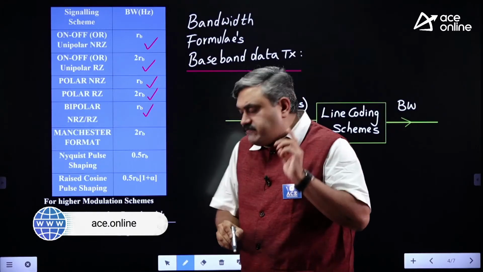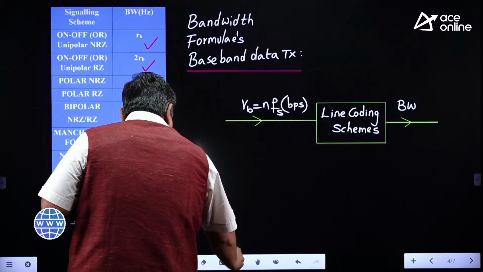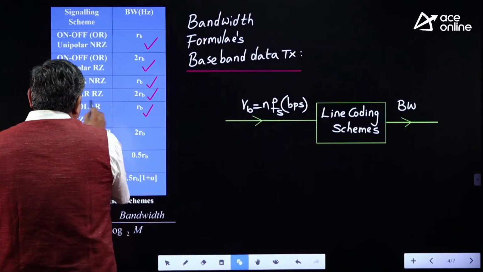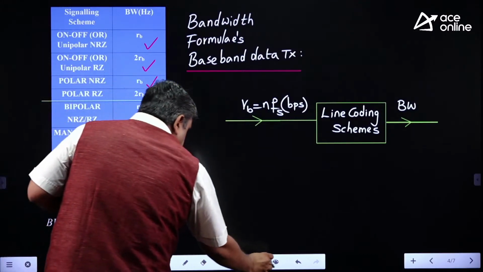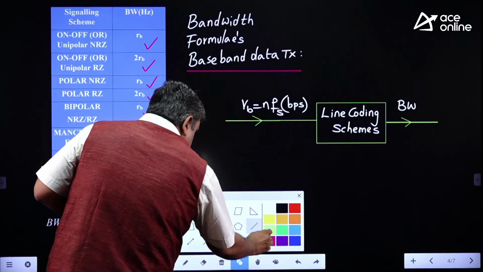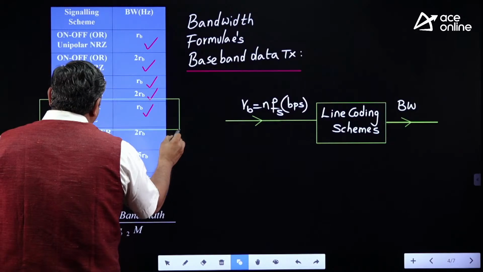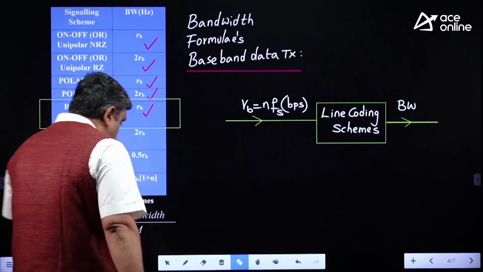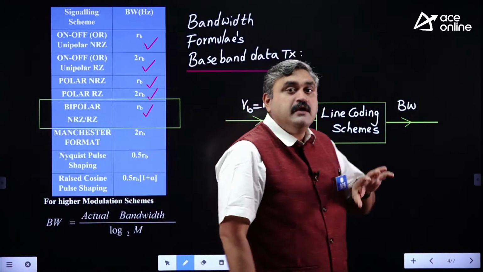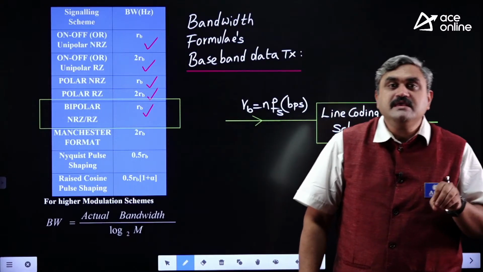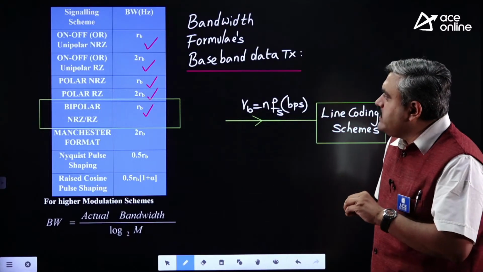Now, most of the times, if nothing is specified, then bandwidth is considered by taking a bipolar coding scheme. Rectangular pulses, whenever you do transmission, we by default consider the coding scheme used is a bipolar coding scheme.